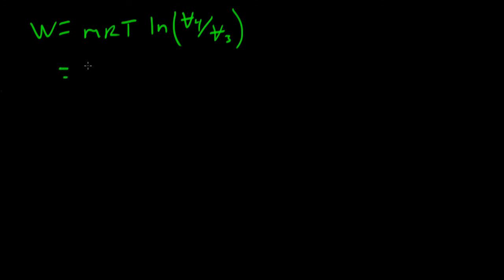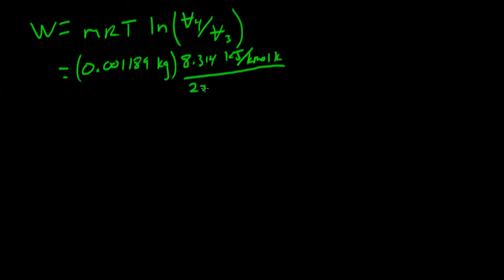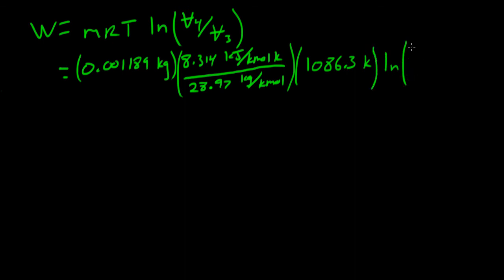Substituting our values, we have 0.001189 kilograms times the specific gas constant, which is 8.314 kilojoules per kmol Kelvin, divided by the molecular weight, 28.97 kilograms per kmol, times the temperature, 1086.3 Kelvin, times the natural log of 1 liter over 0.2 liters.